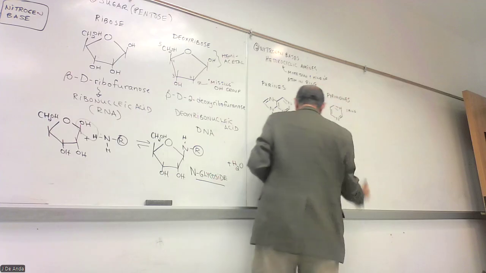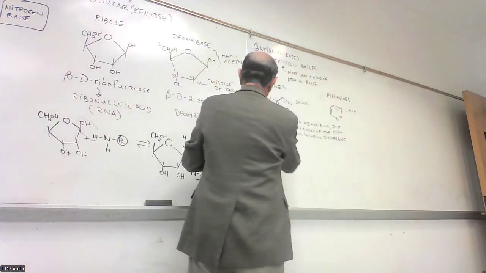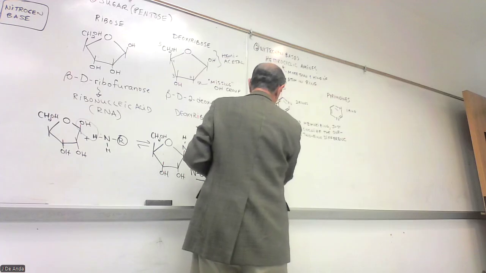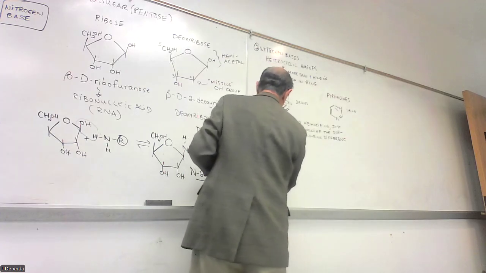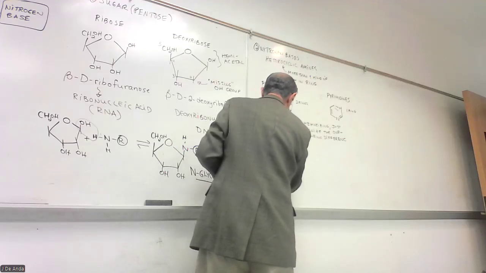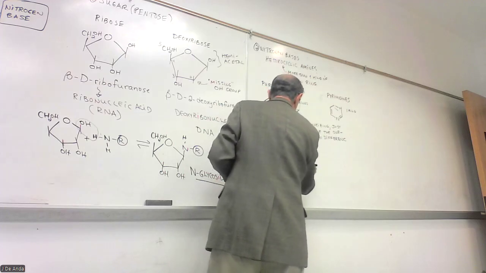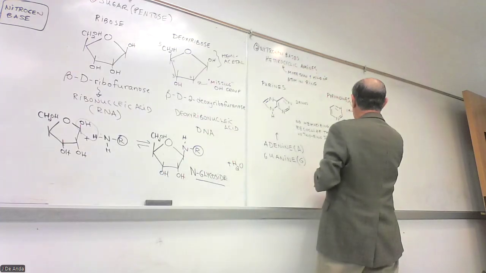There's two kinds of purines. One is called adenine, and the other is called guanine. And we abbreviate this as capital A, and this one as capital G. Difference, sorry.